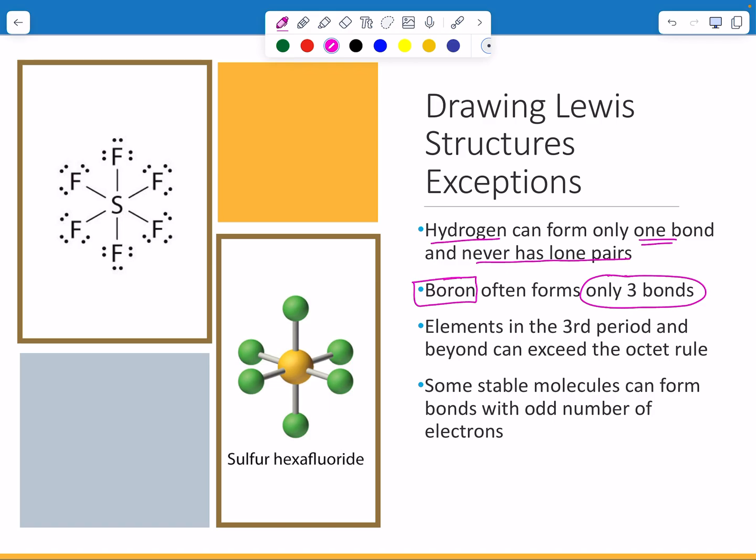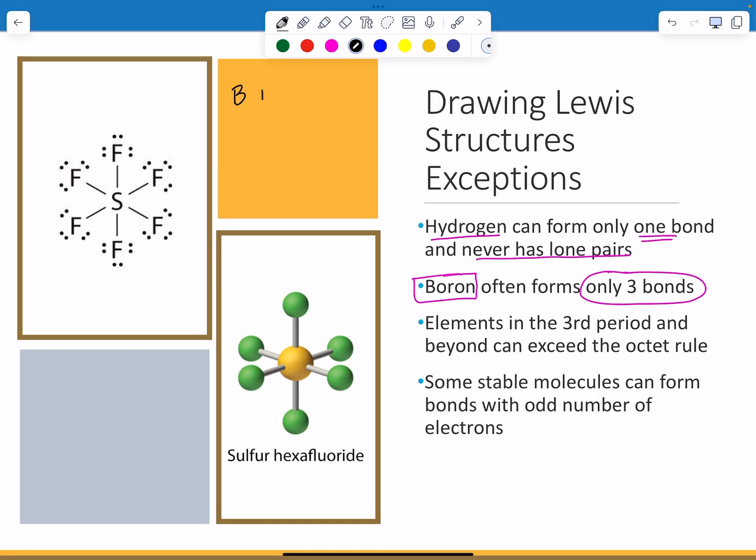And boron is in group 3. So boron has 3 valence electrons, right? So to get to 8, you would think it would form 5 bonds, right?